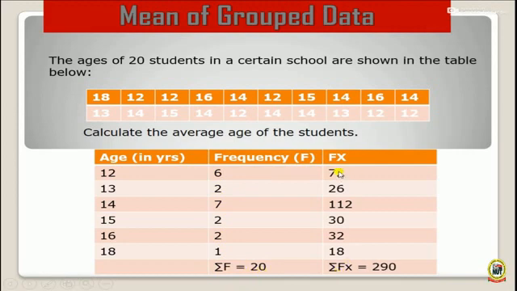Then since this column is a product of f and x, that gives you your fx. So here we have summation of fx. You're going to add all that you have in this section together, and it will give you 290. So I have summation f equal to 20, and summation fx equal to 290.